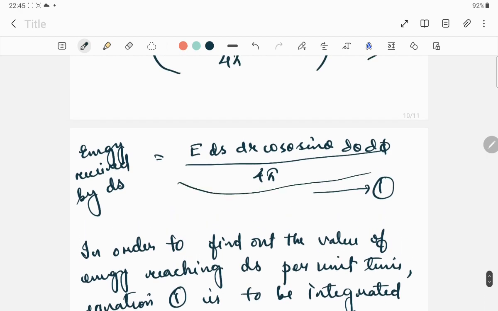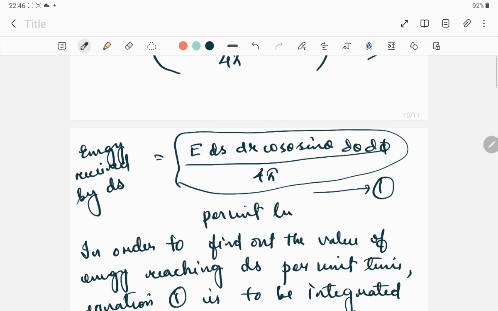So this is the energy received by ds, but if we want to get how much is the energy received by ds per unit time, when we integrate dr it is nothing but integration of distance.